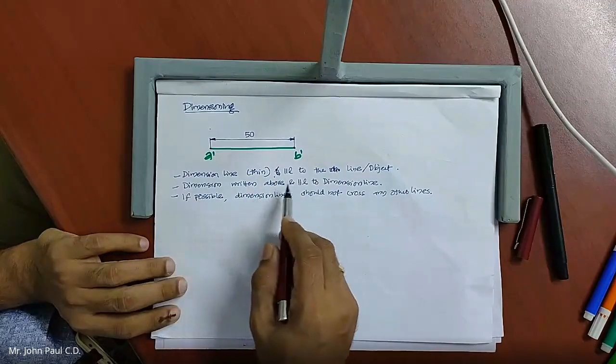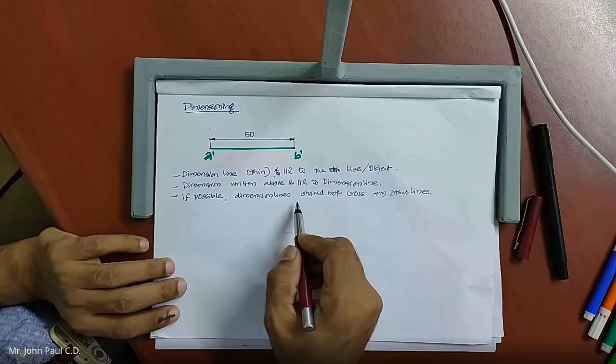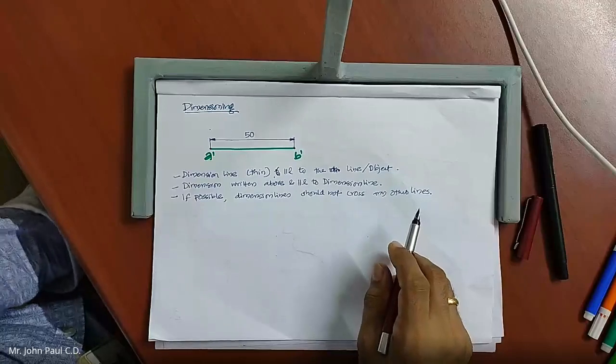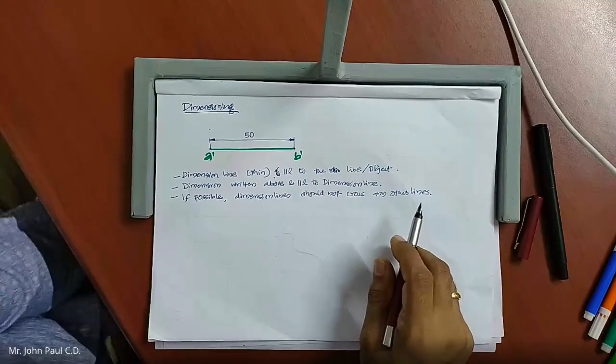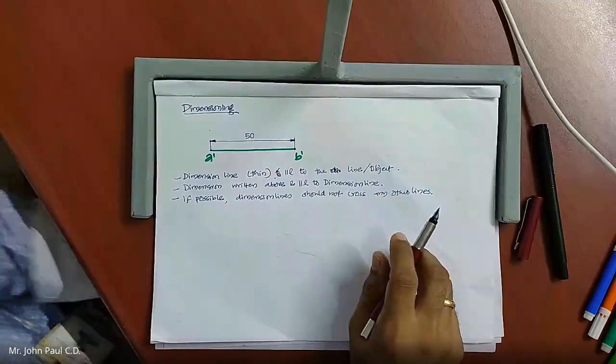The dimension is written above and parallel to the dimension line. And if possible, the dimension line should not cross any other line. I hope you got it. We will see some examples. Are you ready? Yes, sir. Okay.